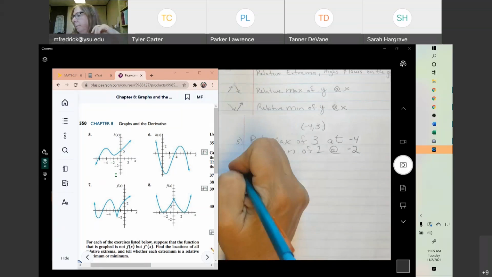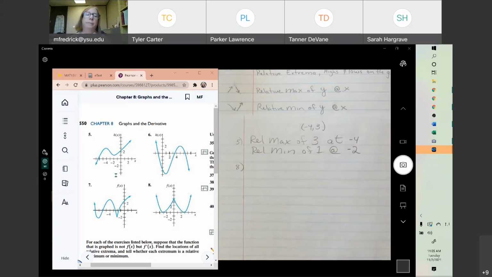Let's try number 8. The graph's decreasing until we hit -3, and then it increases. So right here is a max or min.